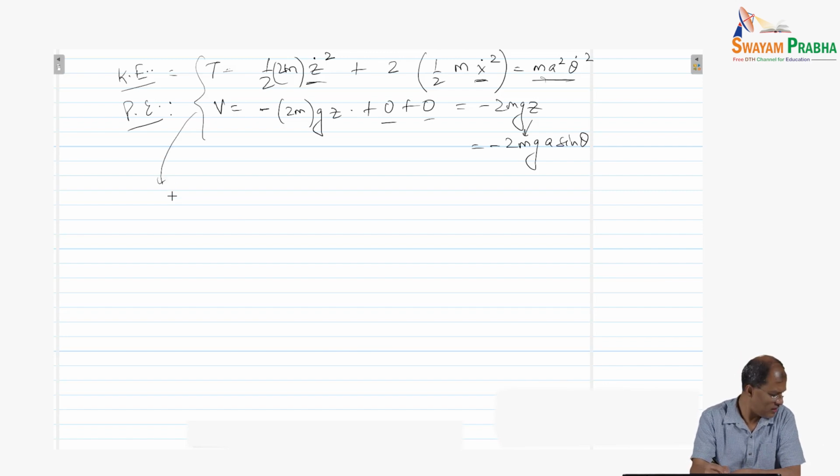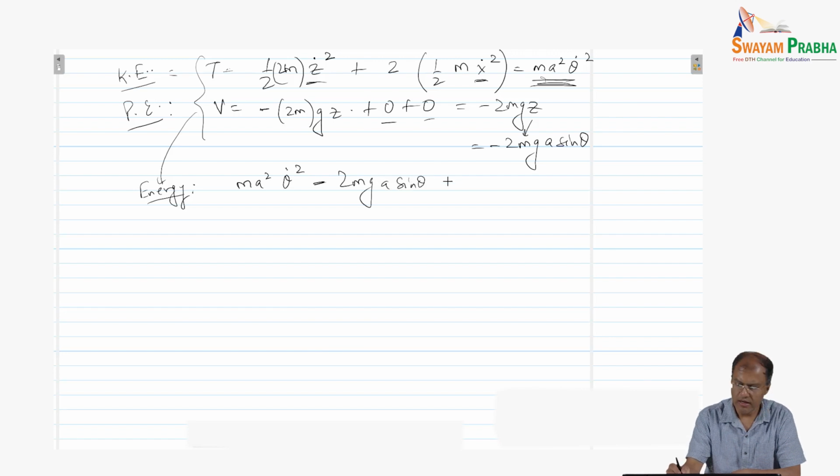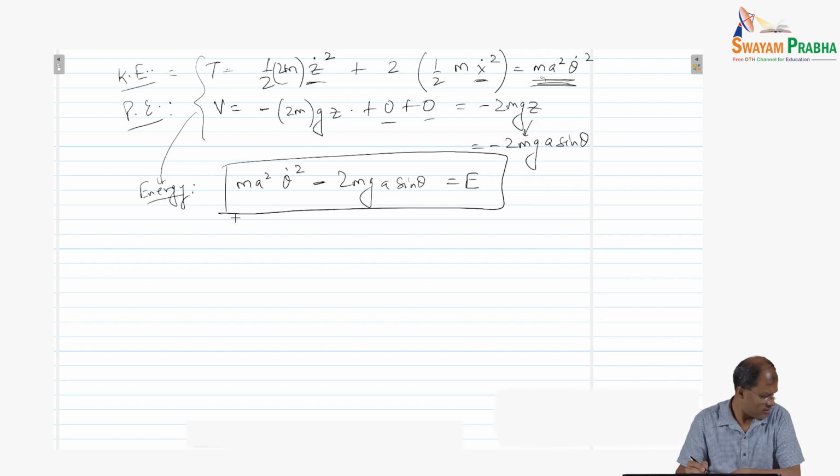So the total energy of the system is given by m a square theta dot square, which is the kinetic energy, plus minus 2 m g a sin theta, and this is equal to E, the total energy. At theta equal to 0, the initial condition, the masses are at rest, so theta dot is 0 and velocities are 0.